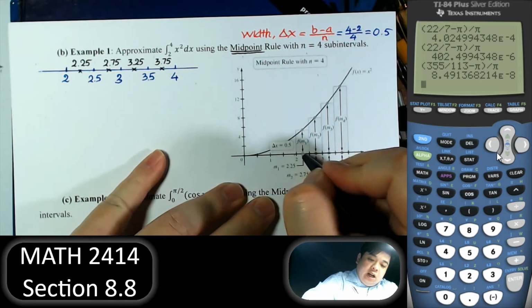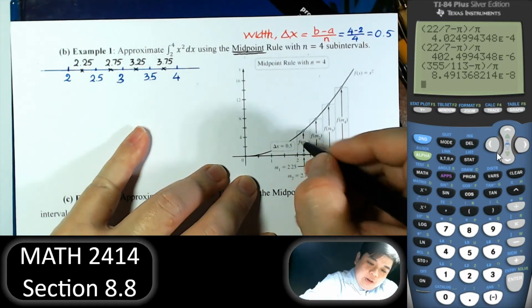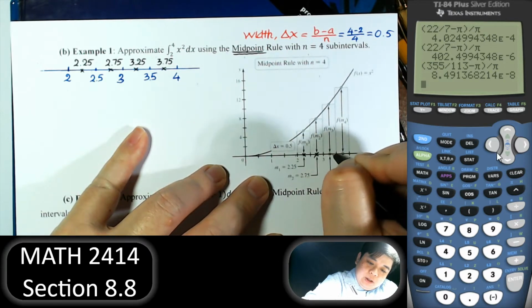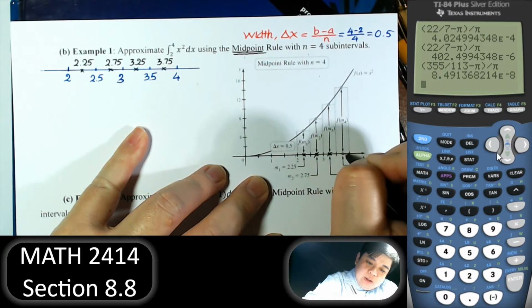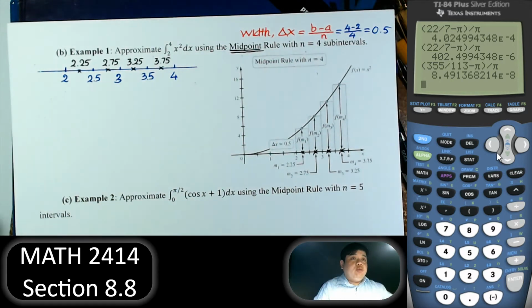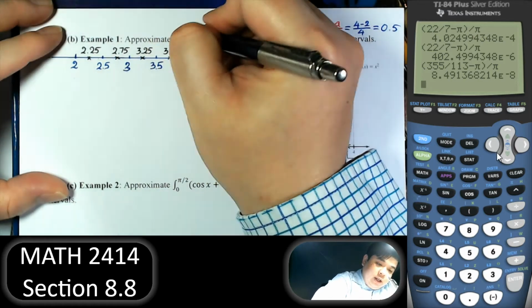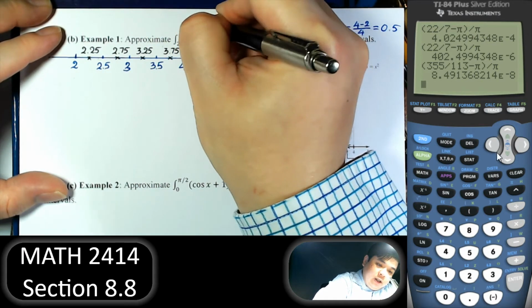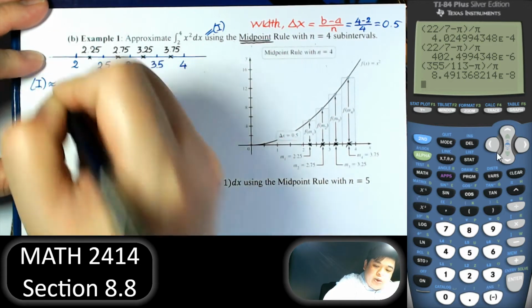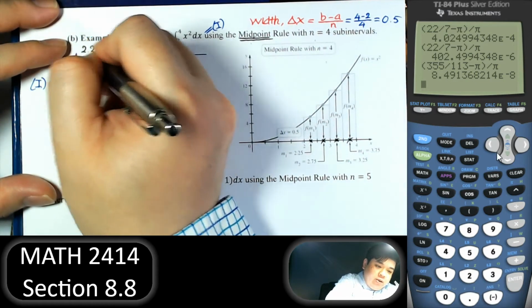After we have the midpoints, we find the height based on the midpoint, and then we multiply by the width. So the approximation, let's say this is an integral I, is approximately equal to the function at those values.